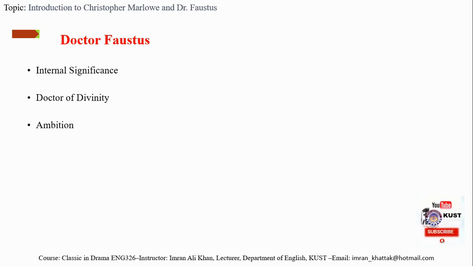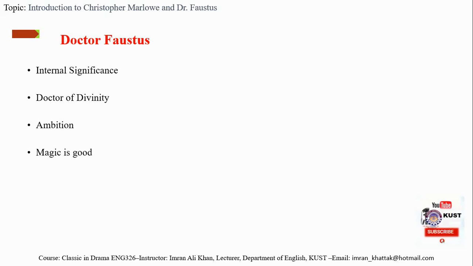He considers magic as something good, because this is the only branch of knowledge which fascinates him. Why? Because this branch of knowledge will give him power, through which he will be able to dominate others.